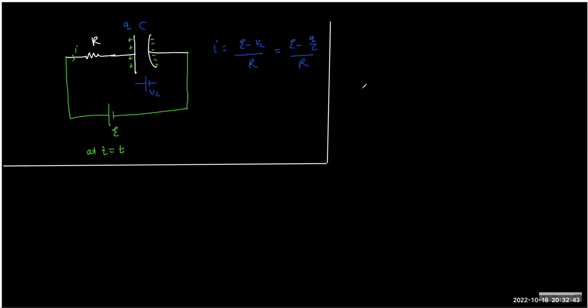Let's say E and Q by C are now equal and the current is 0. If I replace this cell by a bigger cell with more EMF, 2E, and connect it, what will happen? The current will re-establish, yes or no?